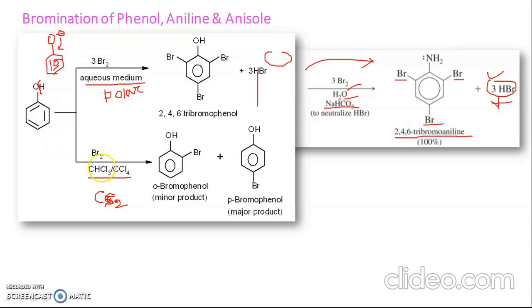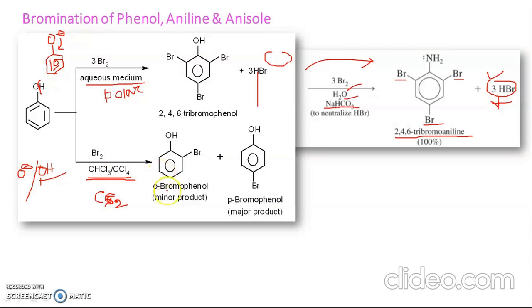But if it is the non-polar solvent condition, then this type of ionization will not be there. So now it will simply remain as OH. Now if you compare O minus with OH, obviously O minus has the greater donating effect because there is a full negative charge. But in case of non-polar solvent, it is simply OH.